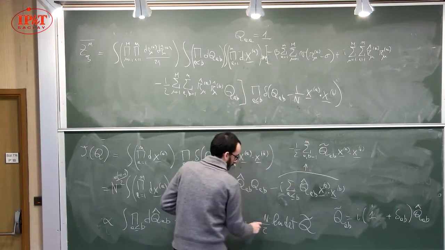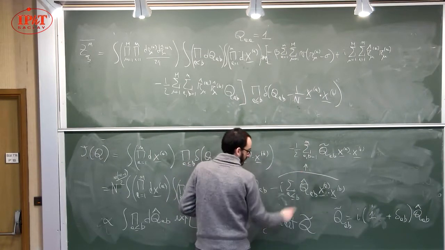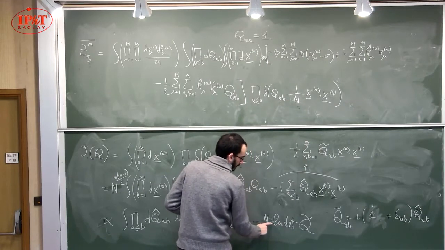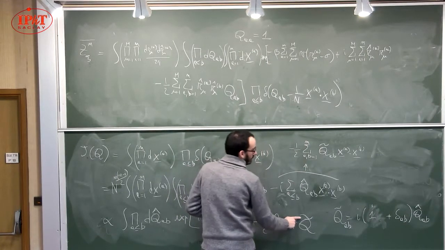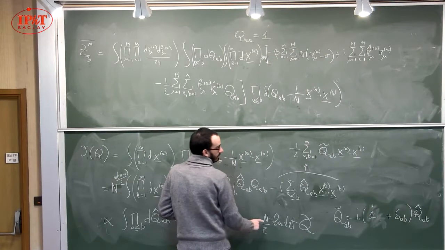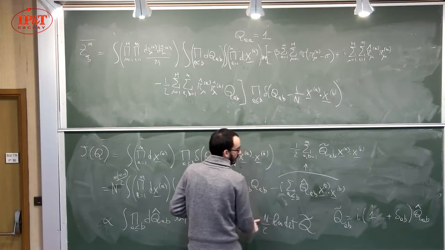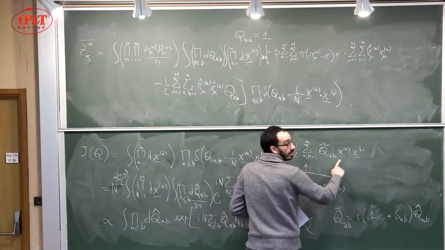And therefore, the result is just the log of the determinant of Q tilde. And then you have n times this factor because you have an n-dimensional space here.